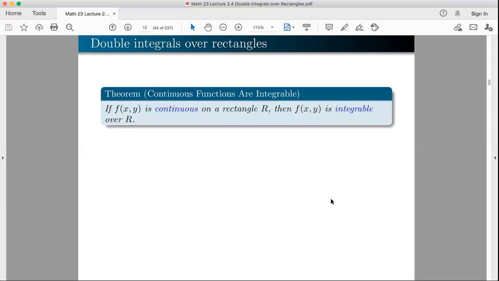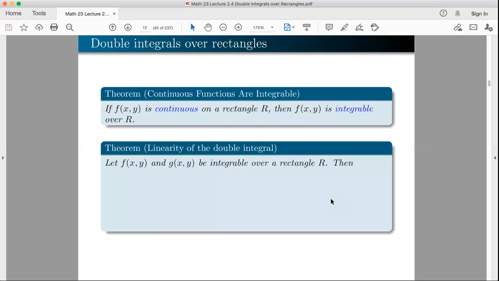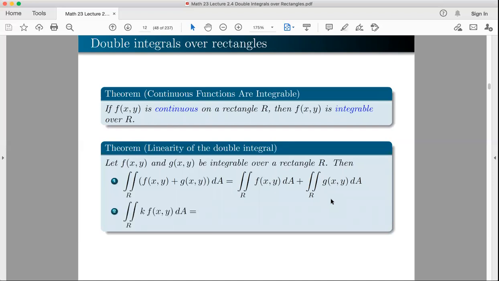If it is continuous, it is not necessarily differentiable. But here, if it is continuous, then it is integrable. There's also the double integral satisfying linearity conditions. First, the double integral of a sum is just the sum of the double integrals. And secondly, the double integral of a scalar times a function is just the scalar times the double integral, for any real constant k.